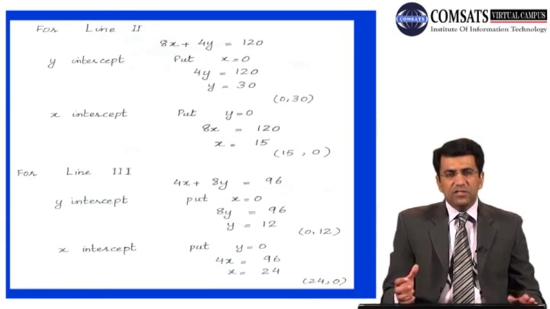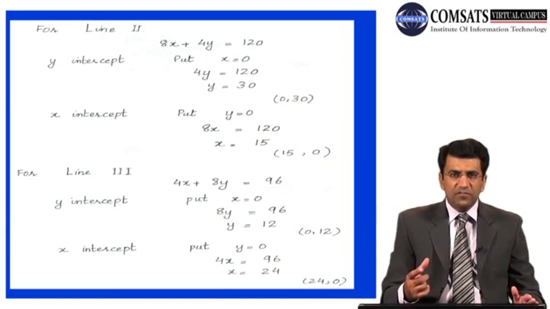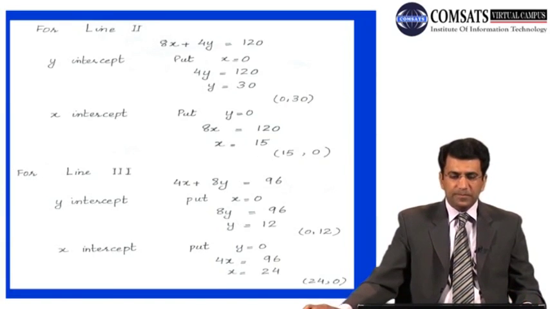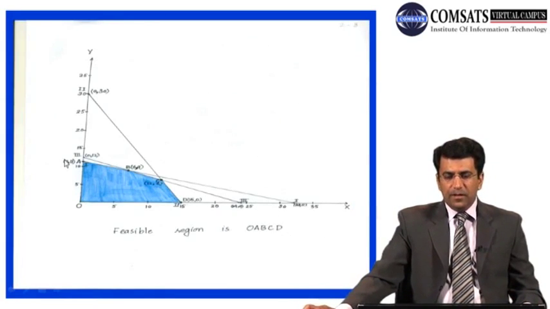Now when we have these 2 points, we are able to put the points on the graph in order to draw the line. Now class, suppose this is the graph. This is the x-axis, this is the y-axis, and you have taken some suitable scale on the x-axis and on the y-axis.